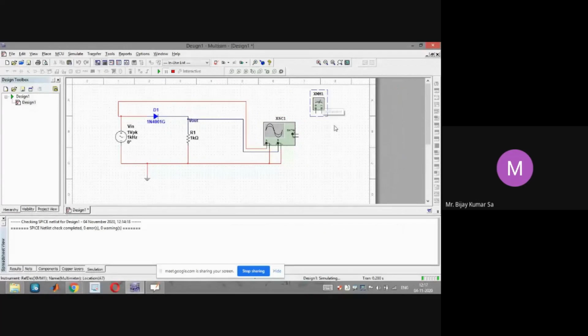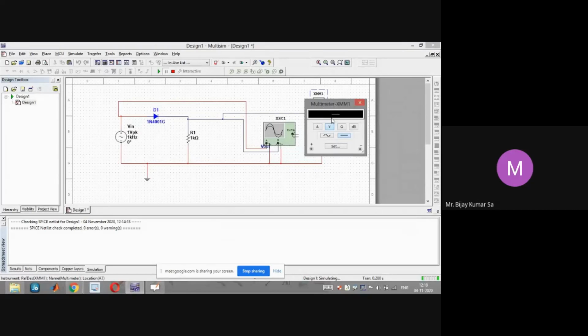So how much is the VDC? How much is the VDC of this rectified output? We can measure it using this multimeter. I will connect it to this output signal. This is to ground, this voltage with reference to the ground. So I will connect it and set it to DC voltage mode.